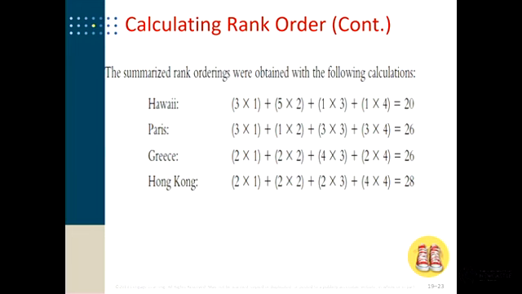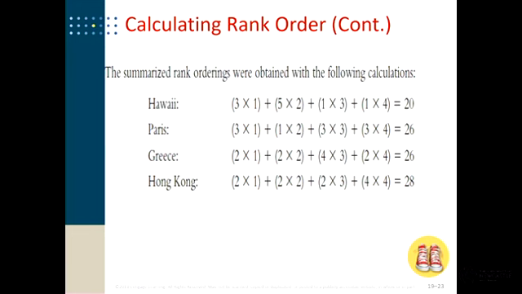Okay, anybody else with any other answer? Look how we actually calculated it. 3 of them ranked first, so we multiplied 3 by 1. 5 of them ranked second, so we multiplied 5 by 2. It means that the higher ranking it gets, the lower should be the cumulative value. Yes or no? For example, let's say all the 10 executives ranked Hawaii first.